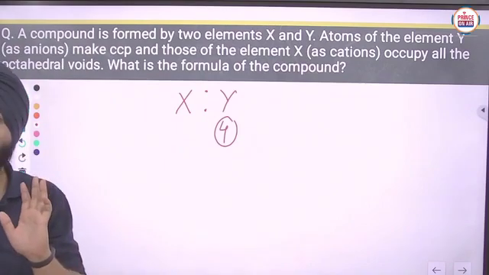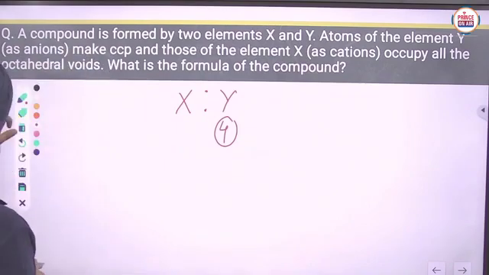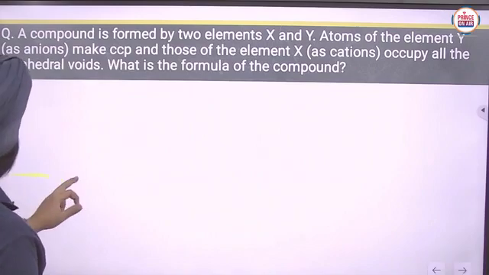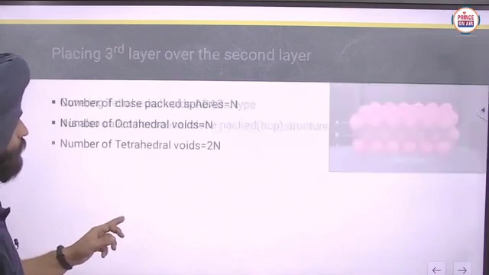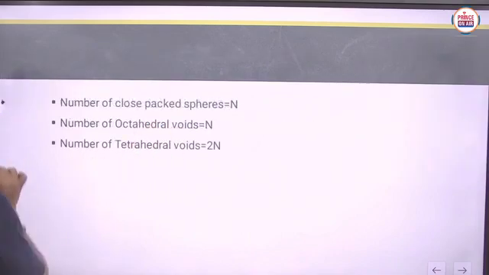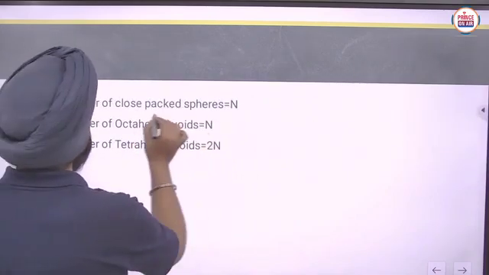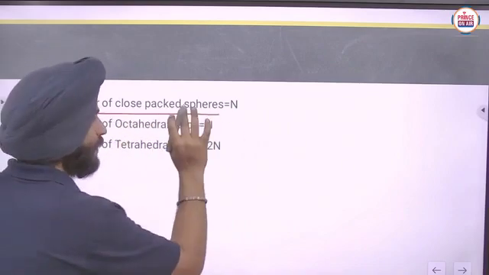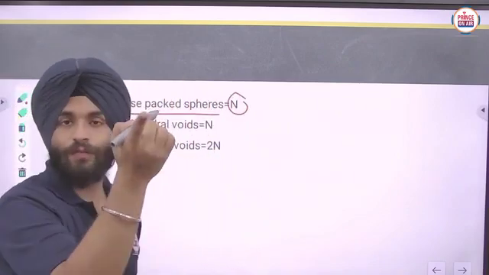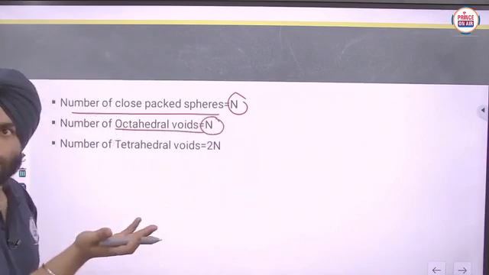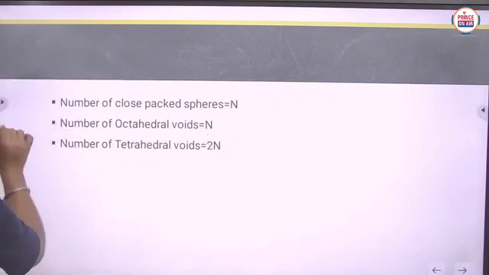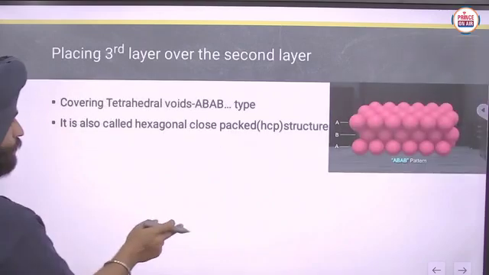That we have discussed just now. If the number of close packed spheres is n, here we have 4 spheres, the octahedral voids will be n. So now we can move to the question here.